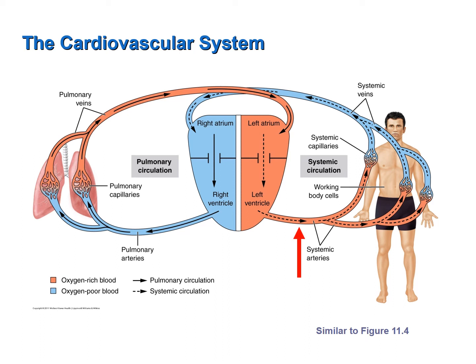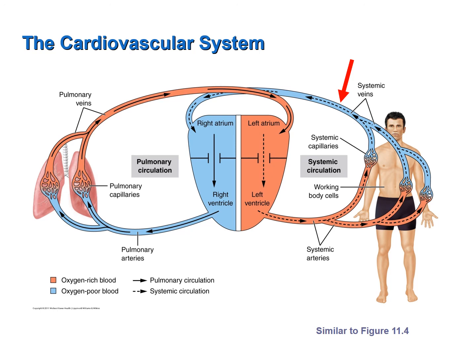Oxygenated blood is transported from the left side of the heart through systemic arteries. The systemic arteries transport the oxygenated blood to capillaries in all tissues of the body. These are referred to as systemic capillaries.